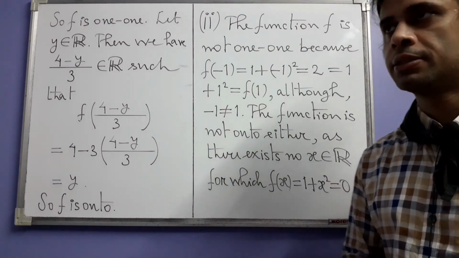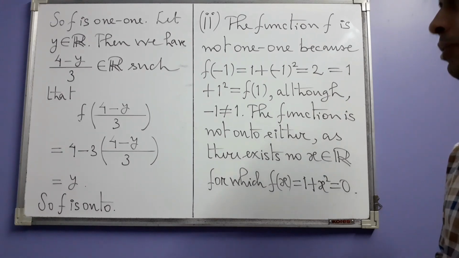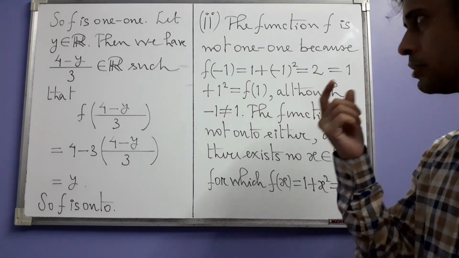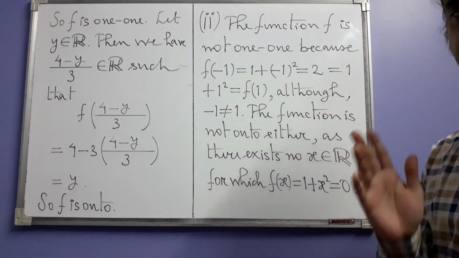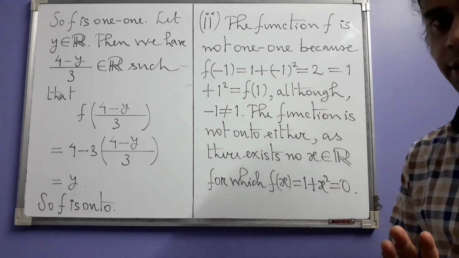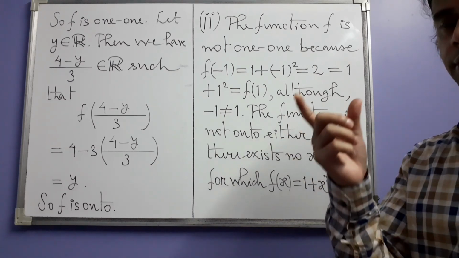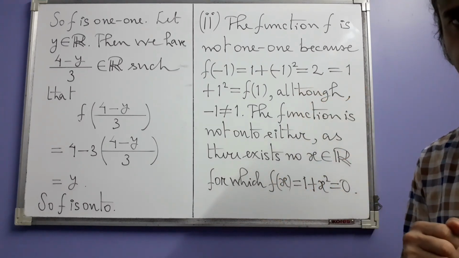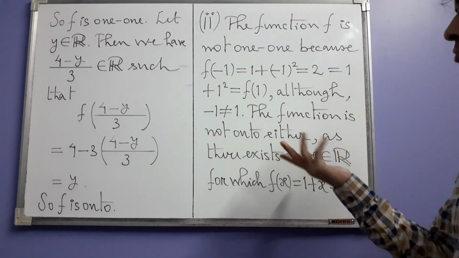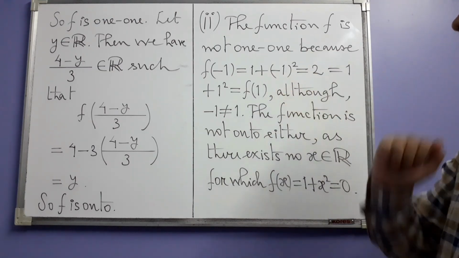This second function is neither 1-1 nor onto. The presence of square in the function rule probably immediately tells you that it cannot be 1-1, and additionally because the domain is R, there are positive as well as negative real numbers. So you can use that fact to easily think of this.